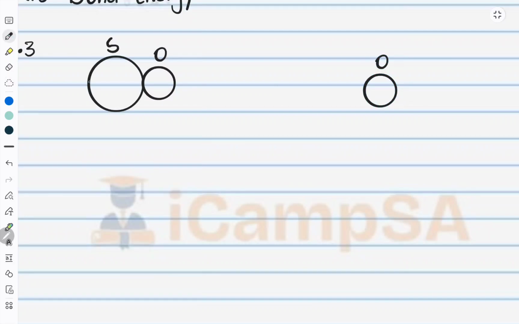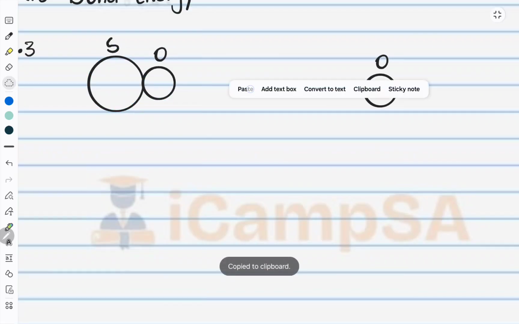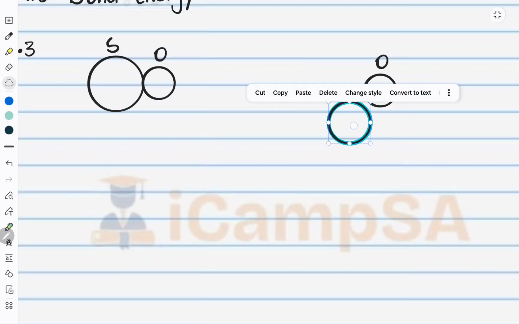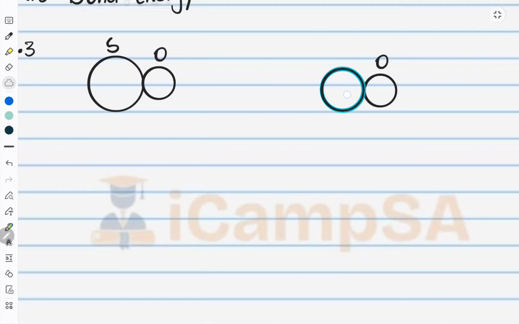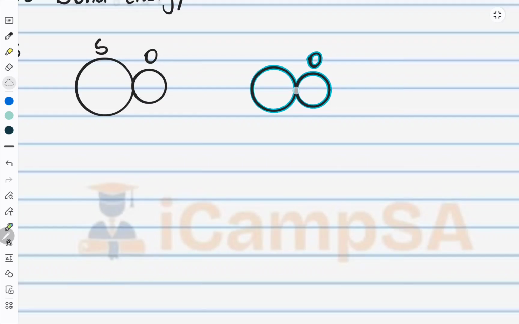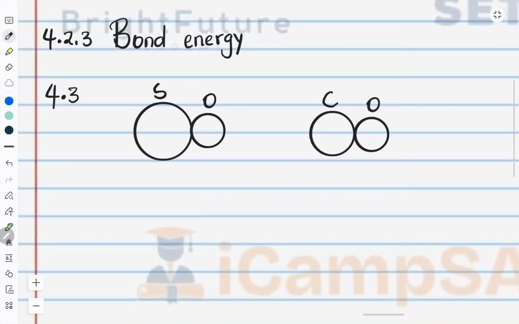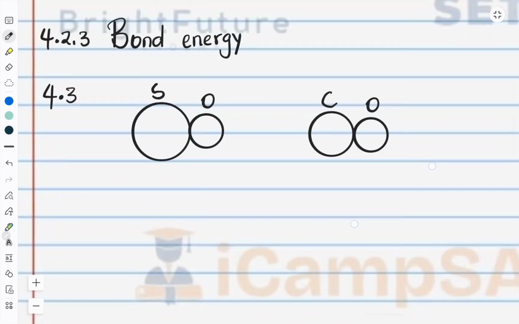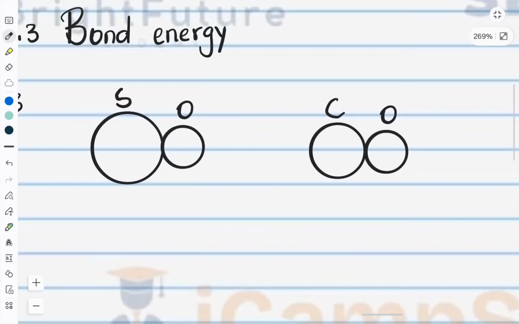But compared to sulfur, carbon is a bit smaller, but it's still bigger than oxygen. Do you see the difference? So this is a carbon to oxygen bond. Of course, this is not the full molecule because it has to be carbon dioxide, but we are focusing on just one side of it.